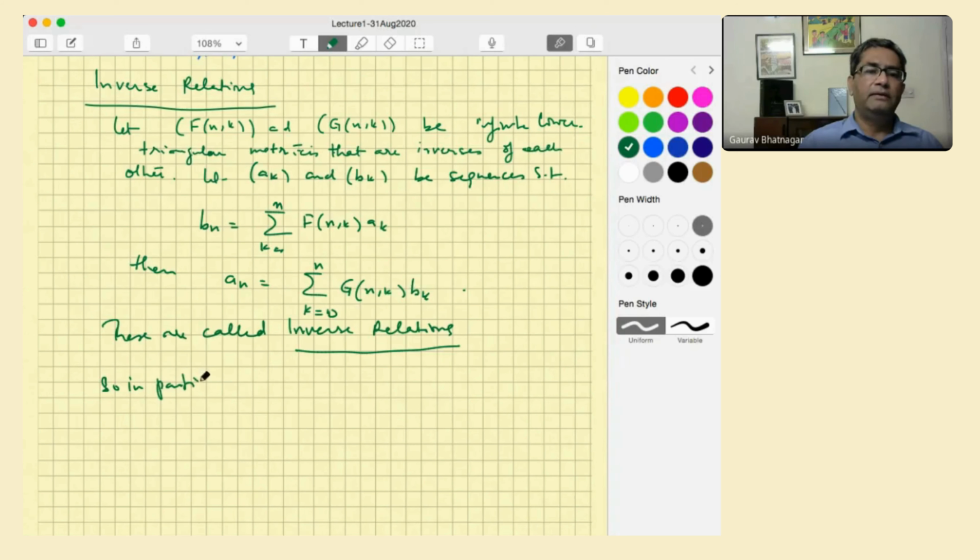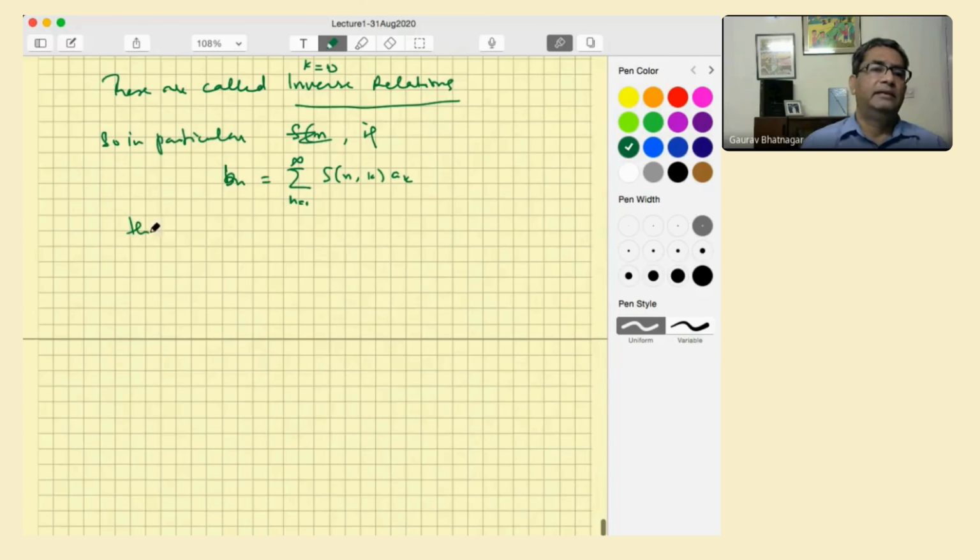In particular, if we put Bn, n going from 0 to infinity, equal to the sum of capital S n k A k, then we must have An equal to the sum of small s n k Bk.